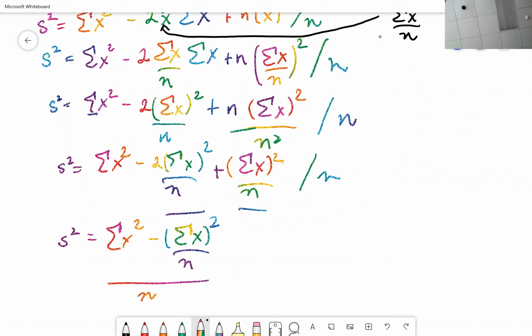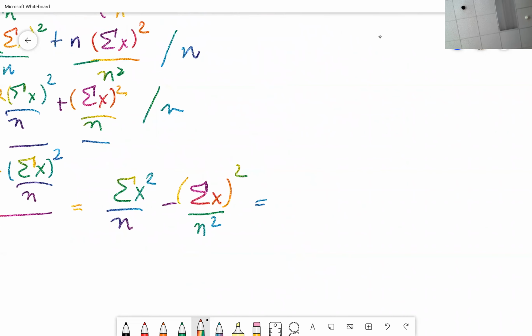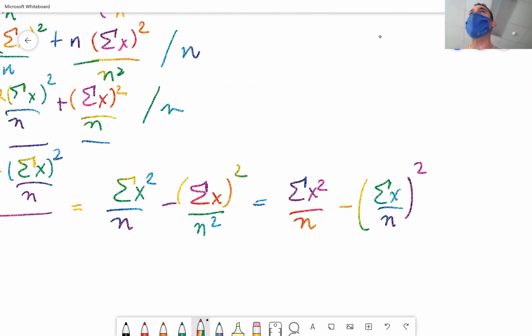Now that is the shortcut. This book doesn't like to express it in that way. It has a slightly different way. If you continue doing this, you'll realize that this is really sum of x squared divided by n minus the sum of x, but squared, divided by n squared. And then this becomes the sum of x squared divided by n minus the sum of x divided by n, but squared, which in turn becomes the way they like it.